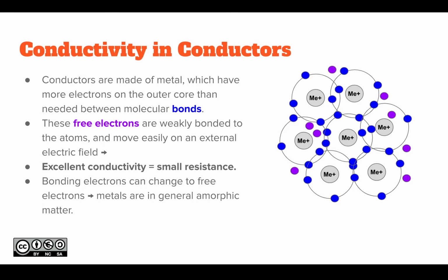That's a simplified model of what happens in metal. There are metal atoms which have the outermost core, electronic core, where the electrons are. When we make a molecule out of atoms, the molecular bond happens on those core interactions.